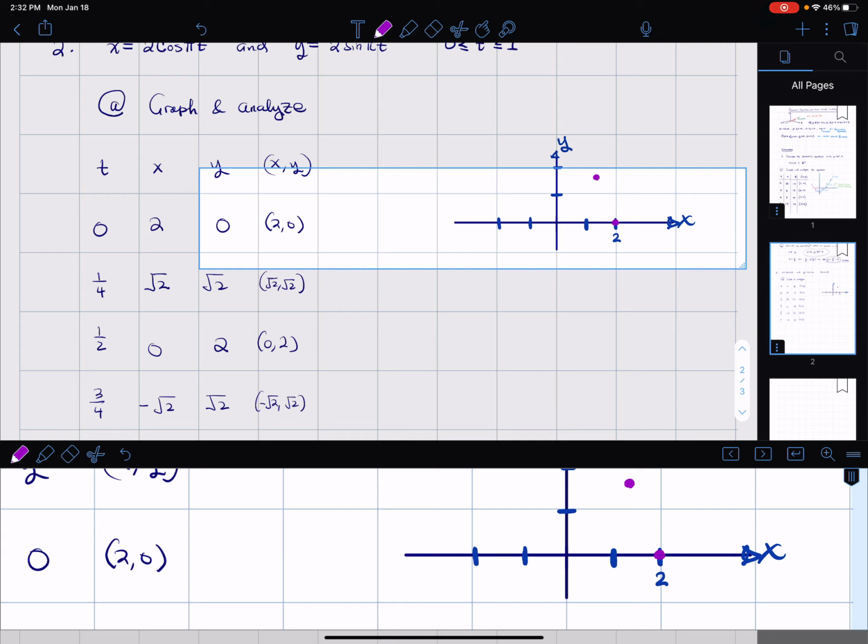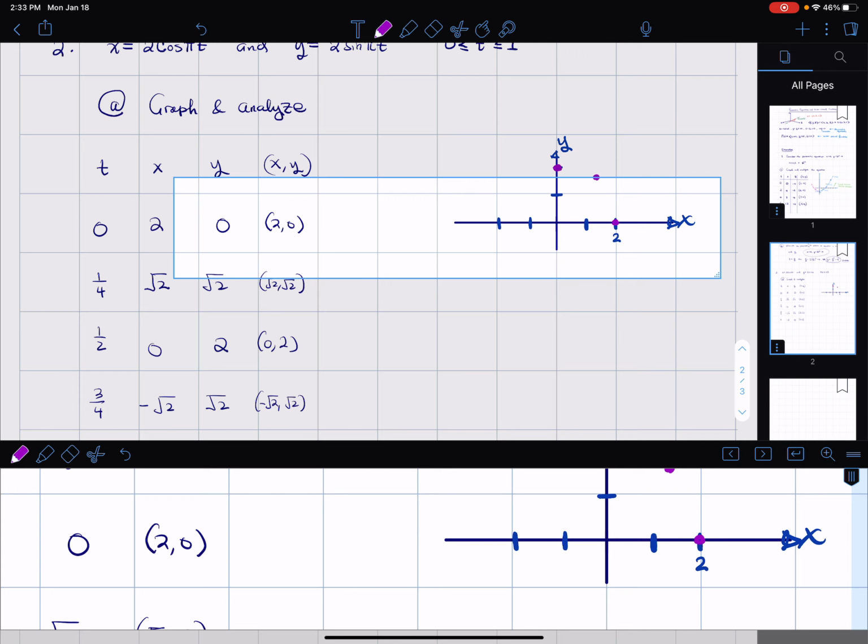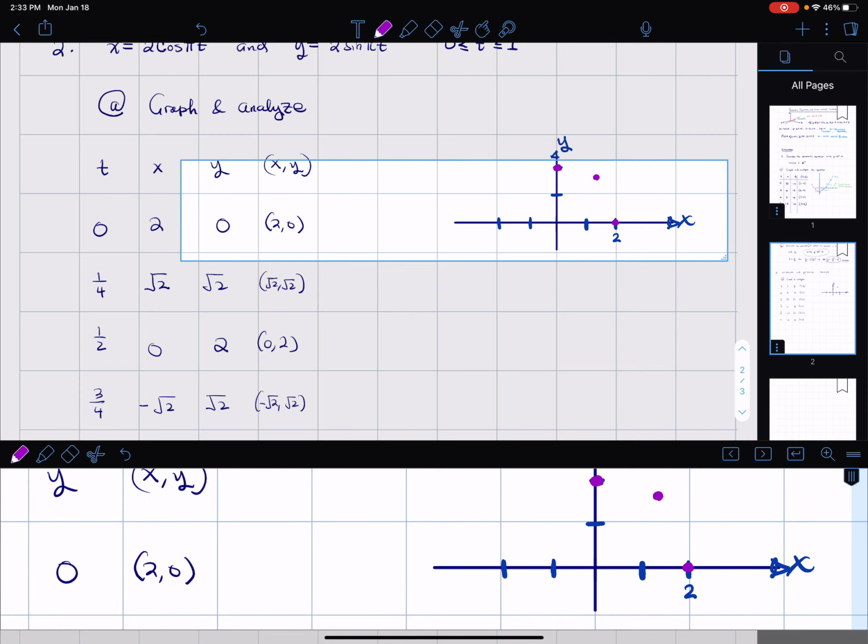And then when x is 1/2, you have y is 2 and x is 0. And then when t is 3/4, you have the same kind of thing.